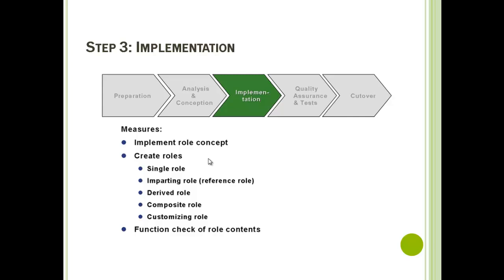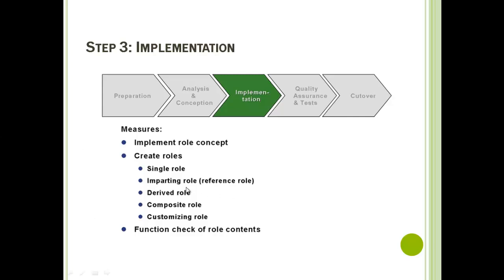This template role will have the transaction codes and the authorization objects, but the auth values, for example company code, stuff like this, we will define as variables. Then in the scenario that we have different company codes and want to use the same role for different companies, we will use this template role.